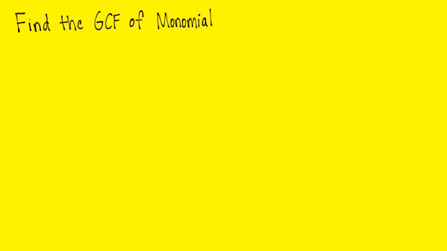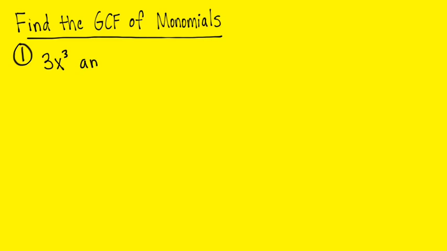All right, let's talk about finding the greatest common factor of monomials now. We don't need to get nervous about these, because finding the greatest common factor with whole numbers is actually harder than with exponents, right? Because our exponent rules are just subtraction and adding. So if I look at 3 times x to the third power, that's going to be a 3, and a 6 is just going to be a 6, and a 3.